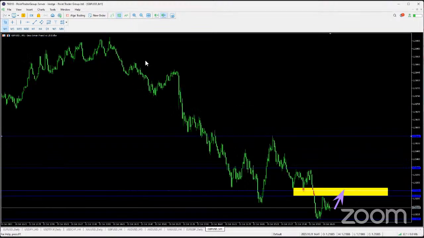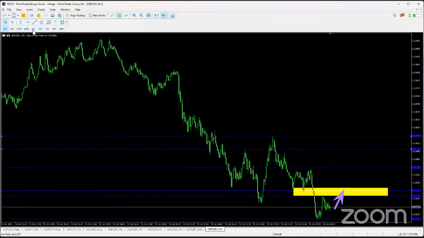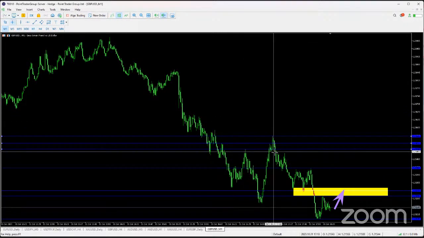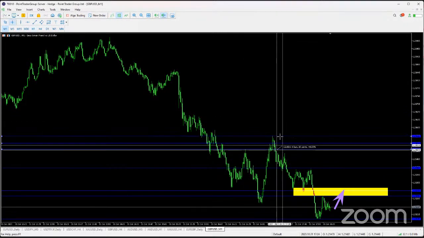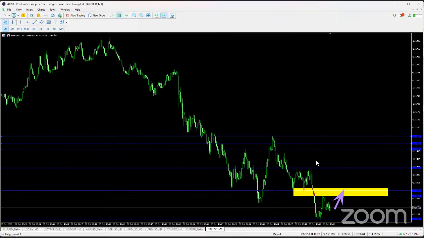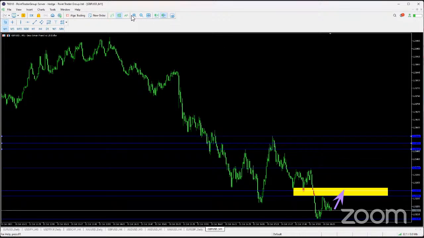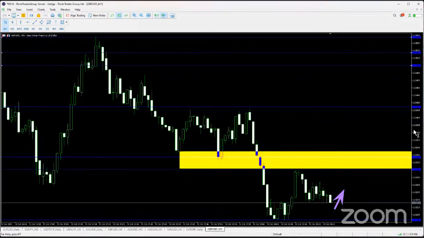As you can see, I'm following the trend. It's a very bearish trend, as you can see here. It's simply continuing going downwards very sharply.